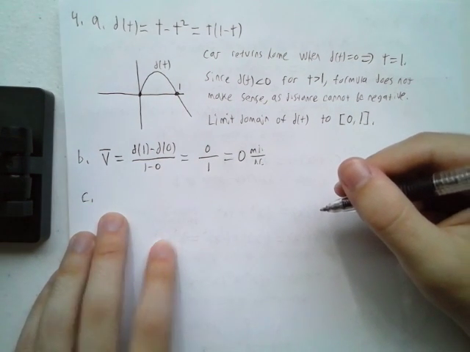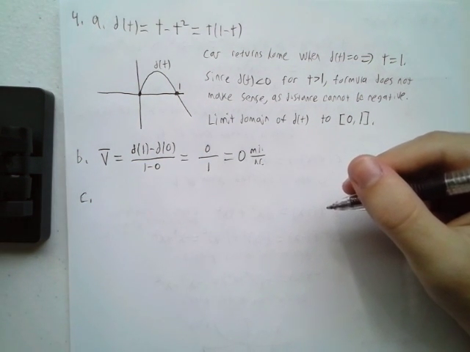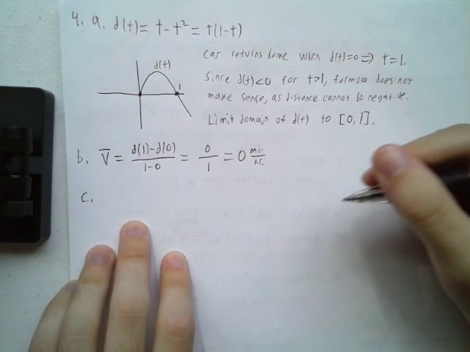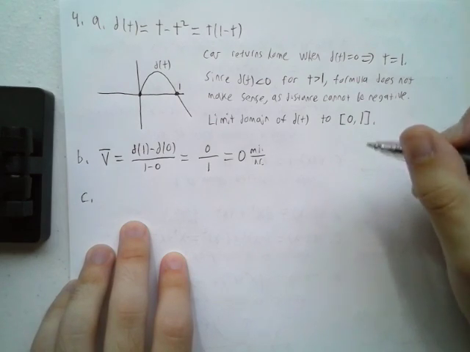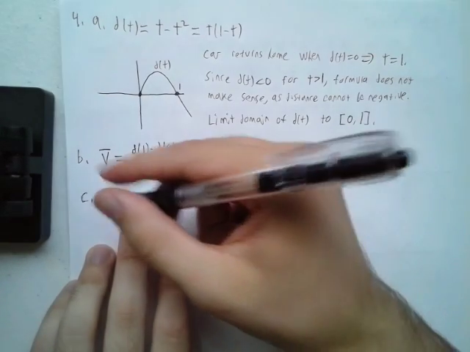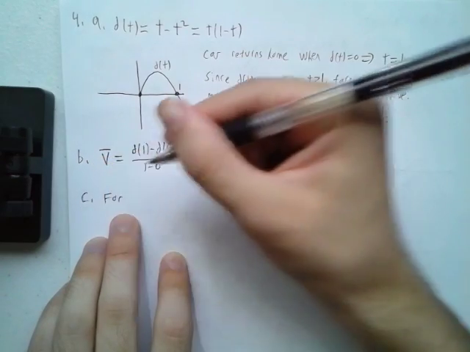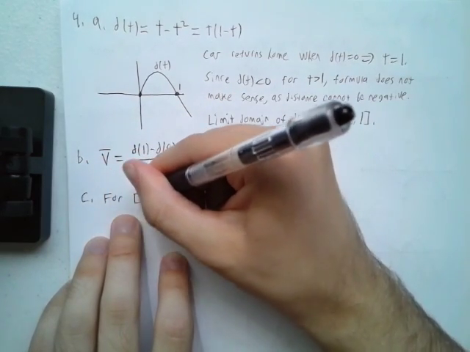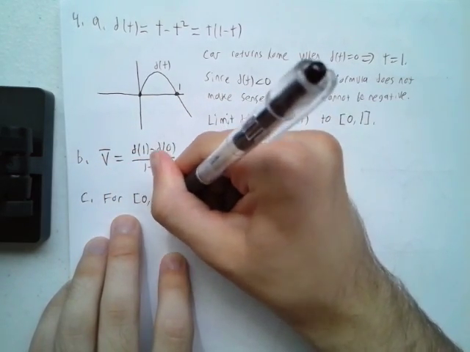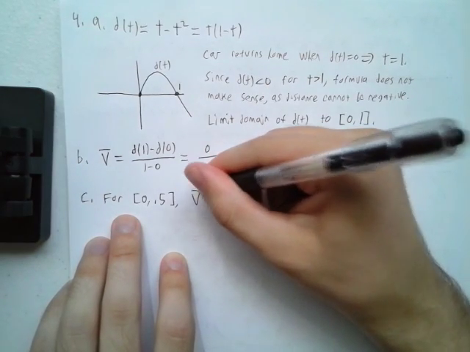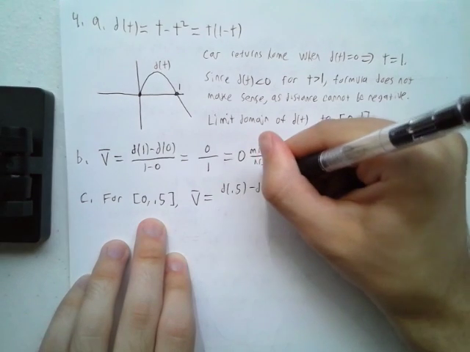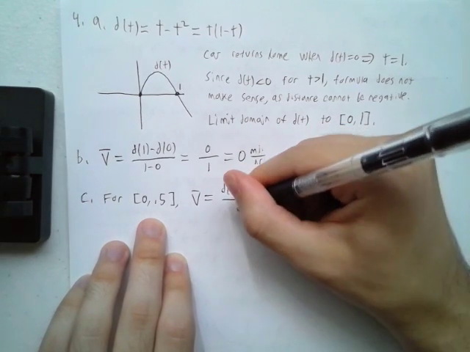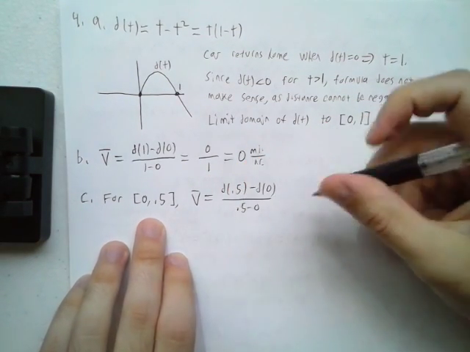So then in part C, we're asked to find some average velocities on some other intervals. So I'll do just one example, and then the rest are all very similar. So let's say for 0, 0.5, we have that v bar equals d of 0.5 minus d of 0 divided by 0.5 minus 0.